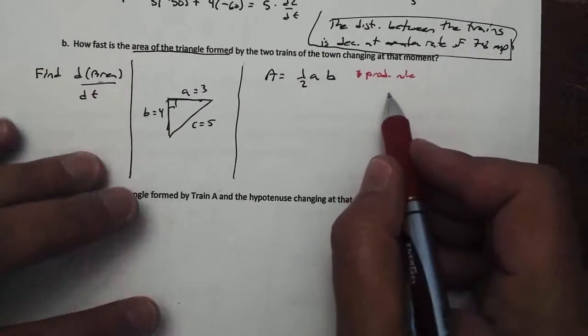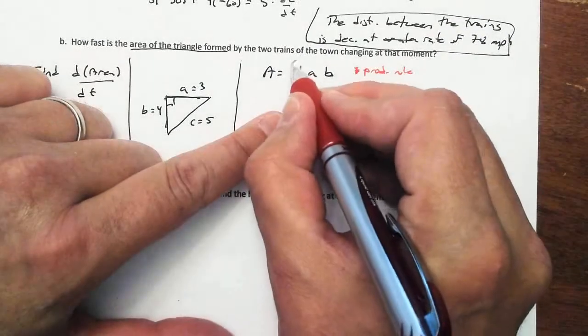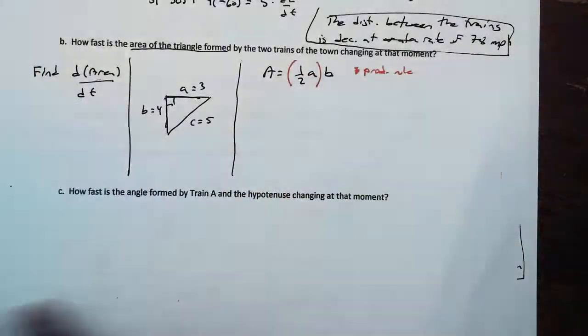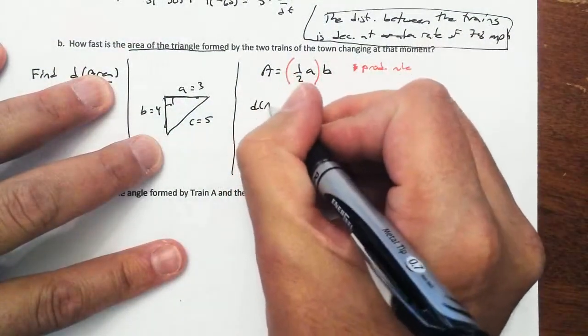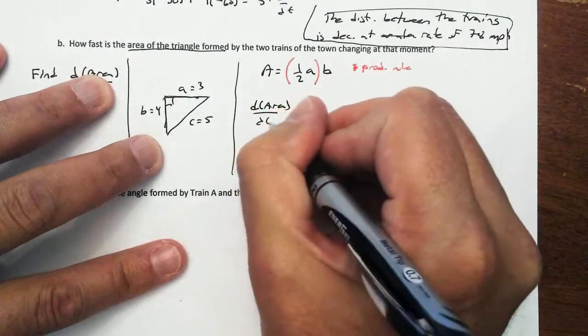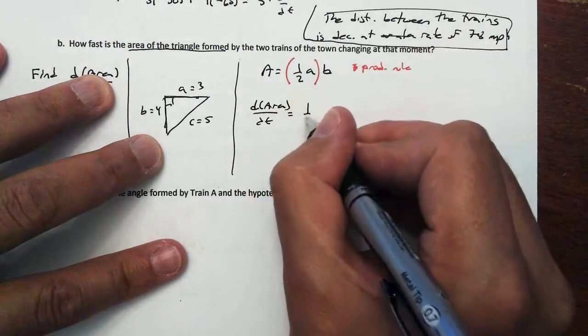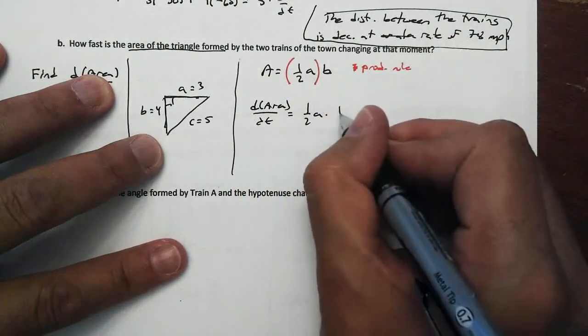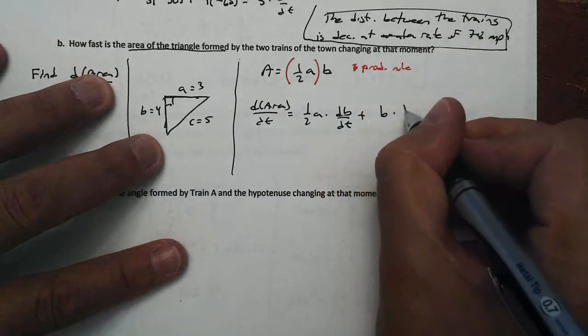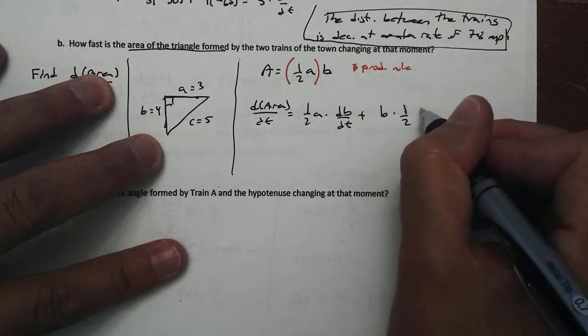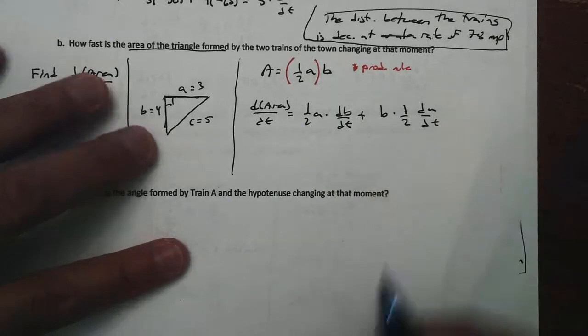So we're going to have to use product rule. Now, to make this easy, I'm going to make this 1/2 A times B. So when I take the derivative, we will get dA/dt would equal the first, 1/2 A, times the derivative of the second, dB/dt, plus the second, B, times the derivative of the first, 1/2 dA/dt.